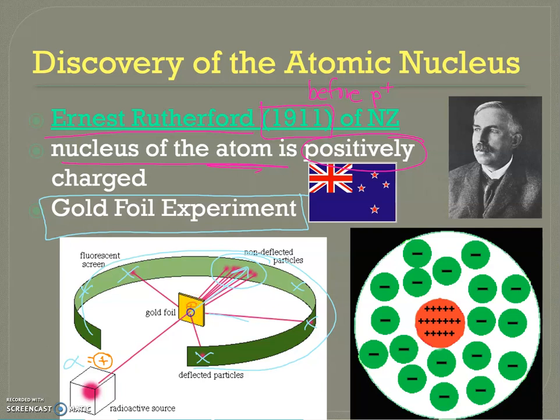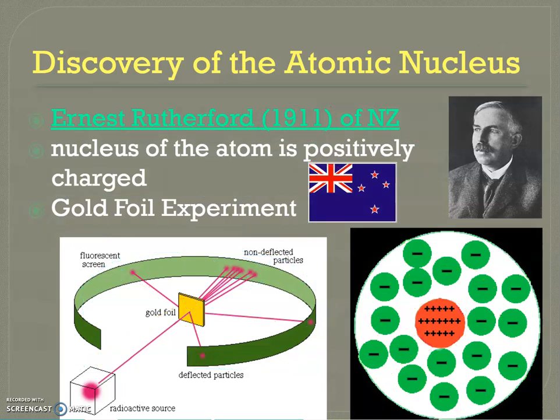So what was here that was positive that could cause this to repel? So he came up with this concept of having a positive nucleus in the center, and the electrons randomly strewn around.